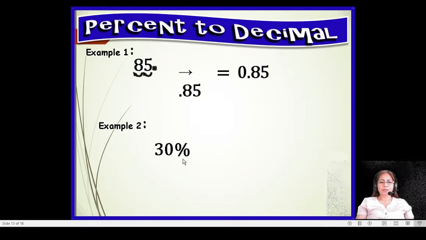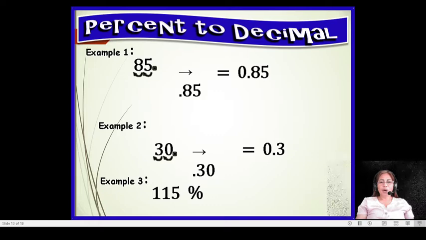Then remove the percent symbol, replace it with decimal point, move the decimal point to the left 2 times, and that's your answer. 30 hundredths or 3 tenths. So that's the answer.